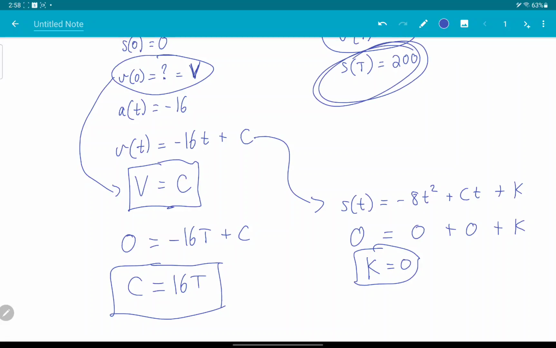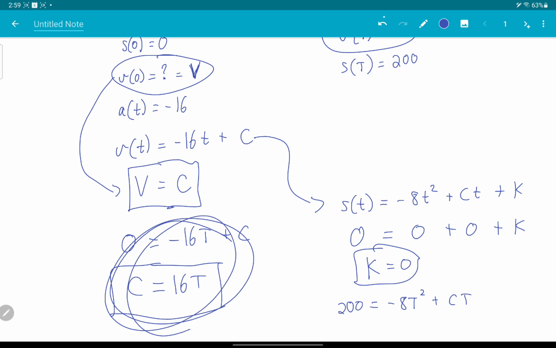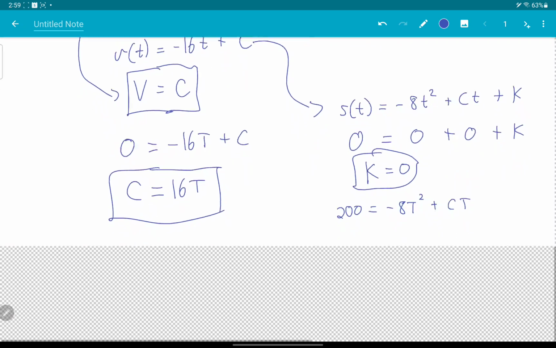And now, when time is equal to capital T, I get 200. So I'll write that down. 200 equals minus 8 capital T squared plus c capital T, and we already decided that k is 0. Now what can I do? I have one equation, two variables, but look at here. This c right here can be replaced with 16T.